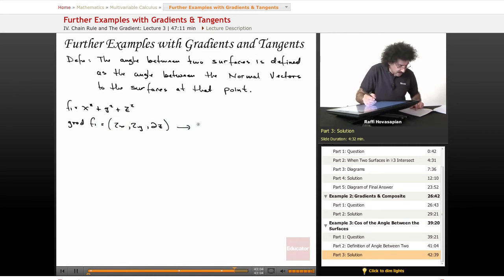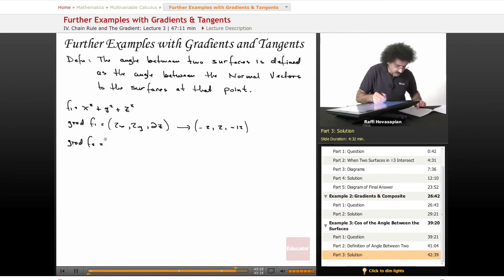And when we evaluate at the particular point, we end up with minus 2, 2, and minus 12. So that's one of them. Now, the gradient of f2. This vector is normal to the surface at the particular point we're discussing.